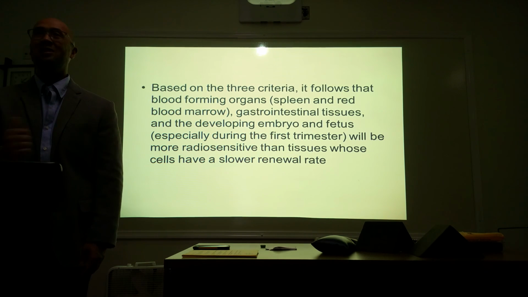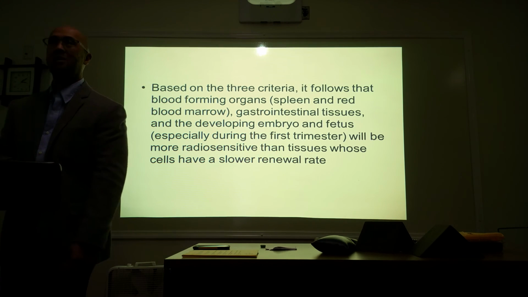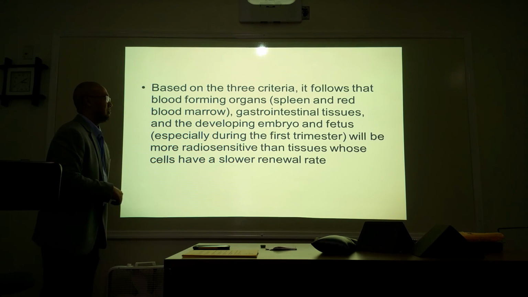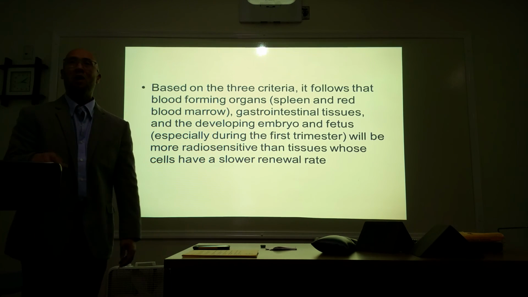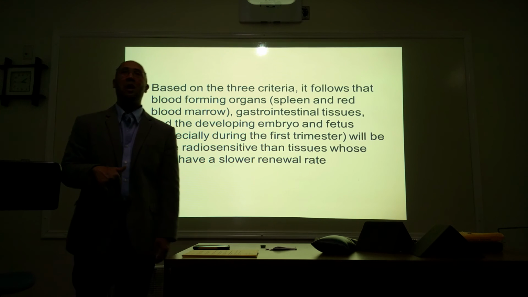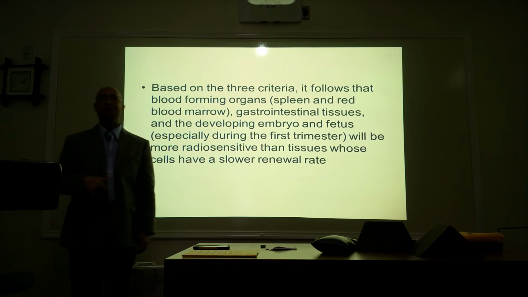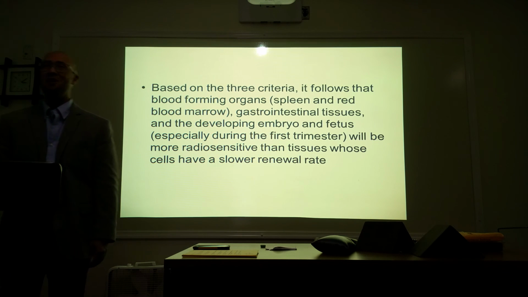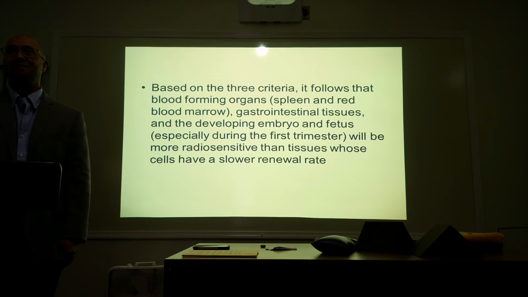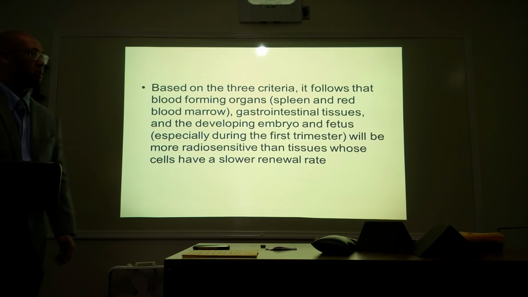Constantly. They're rapidly produced, rapidly proliferating. So they're going to be the most sensitive. This will explain why, when you get into radiobiology, people throw up, even throw up blood, when they're exposed to very high radiation. The movie's pretty close to the real thing.